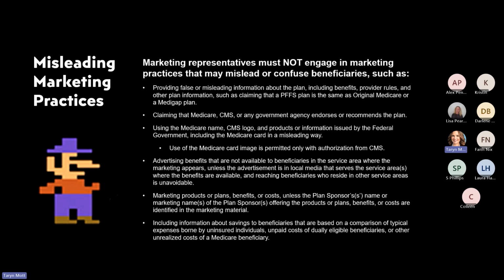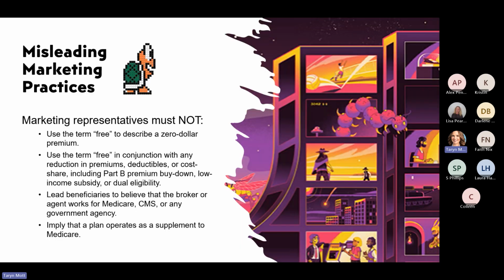Do not market products, plans, benefits, or costs unless the plan sponsor's name, or the names of the plan sponsors offering the products, plans, benefits, or costs, are identified in the marketing material, including information about savings to beneficiaries that are based on a comparison of typical expenses borne by uninsured individuals, unpaid costs, or dually eligible beneficiaries, or other unrealized costs of a Medicare beneficiary.